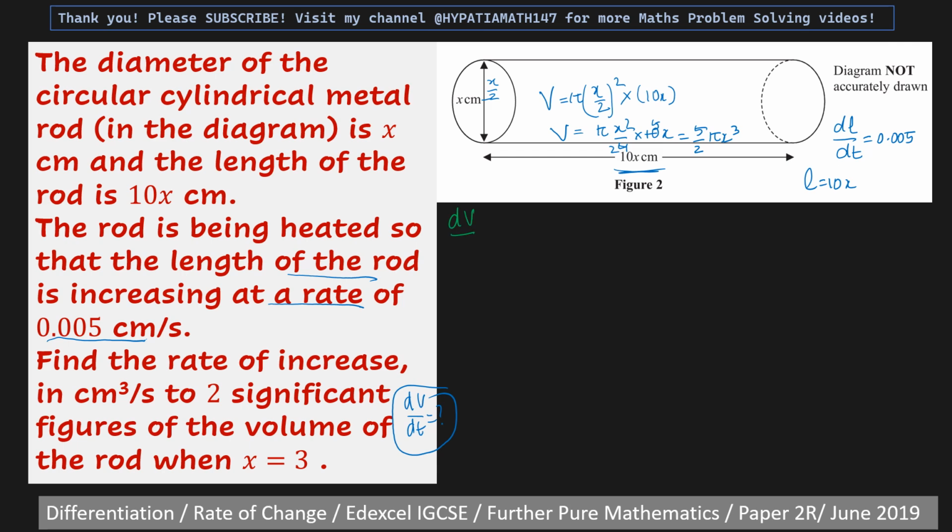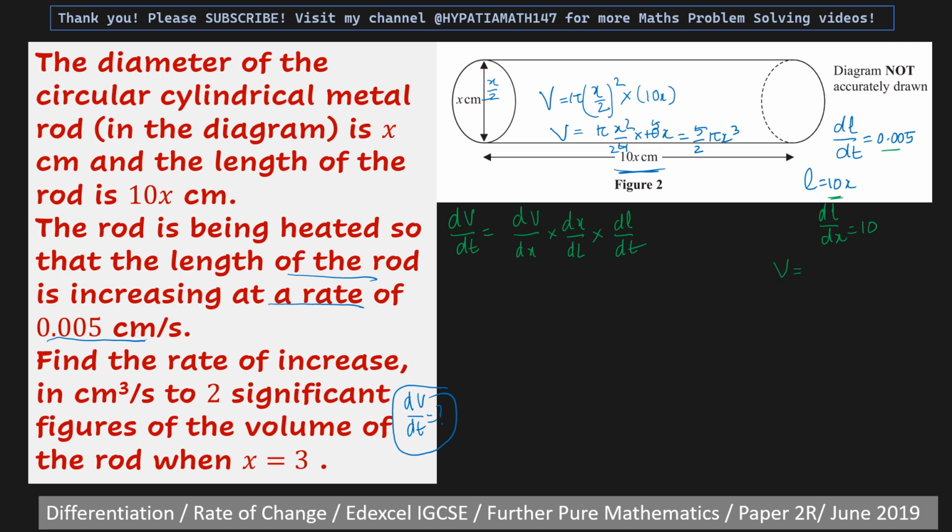dV/dt equals, we apply the chain rule, dV/dx, that we know how to do, multiplied by dx/dL, we can work that out, and multiplied by dL/dt, and that's what we've been given. So it should work out nicely. Then let me write dL/dx is equal to 10, and the volume again.